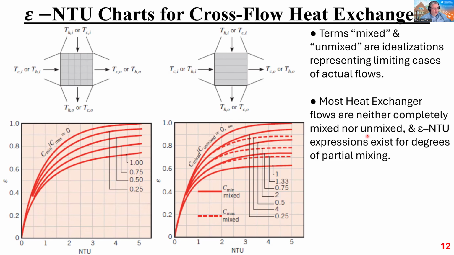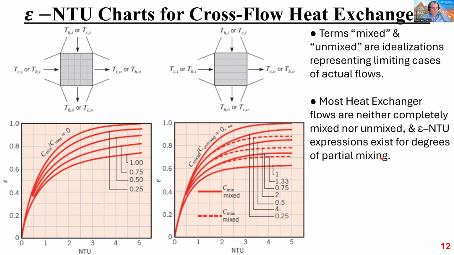Unmixed meant there were fins or walls in the way that prevented that cross flow from mixing. Again, these are limiting cases. The fluid is definitely going to mix even in turbulent flow, and even between two plates it's just going to mix less than if those plates weren't there. So these represent extreme idealizations.